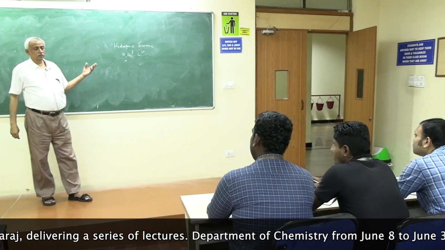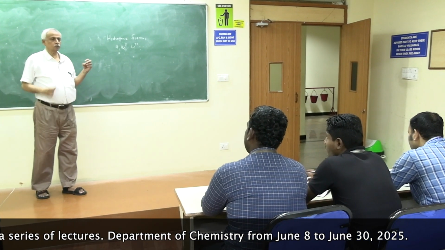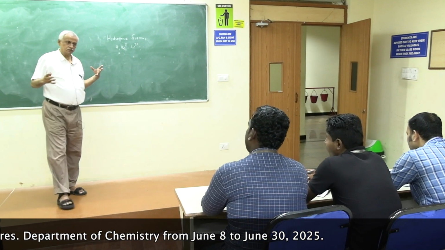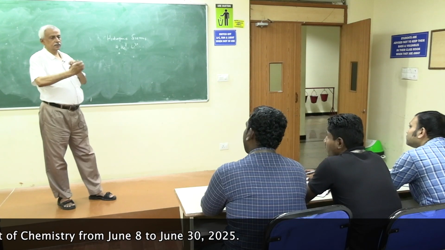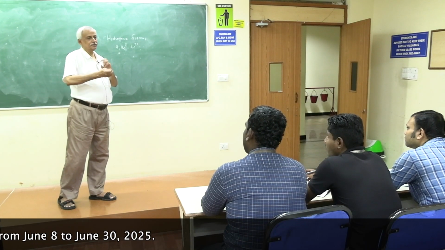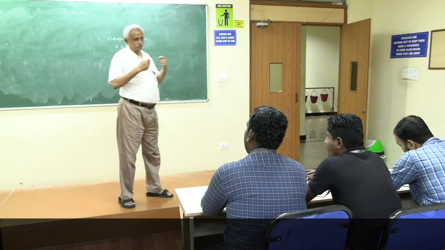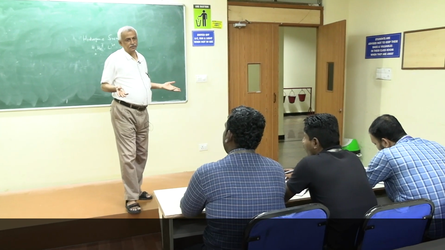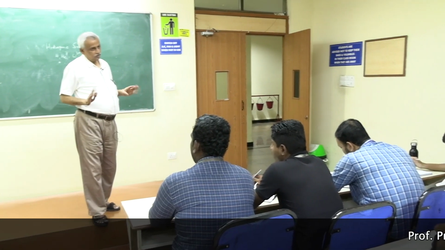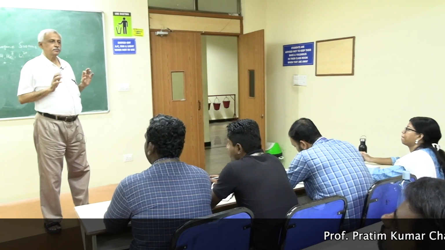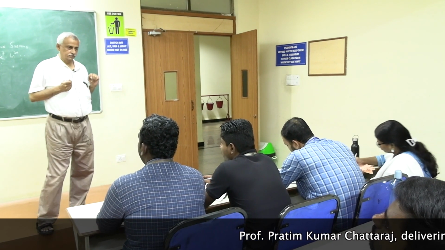Why? Because you don't have electron-electron repulsion, and their potential is central in nature. That means it depends only on the radial variable, not on the angular variables. It is just minus Z by r, no theta, phi. So it becomes very easy to solve them.